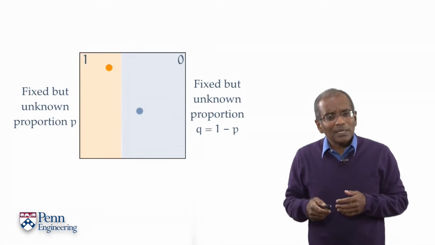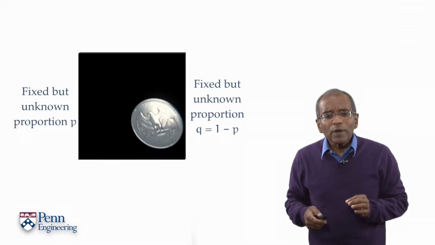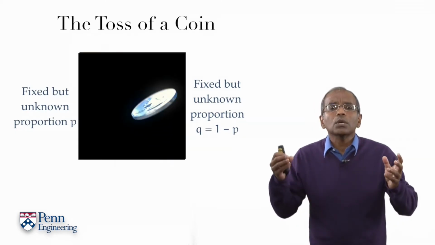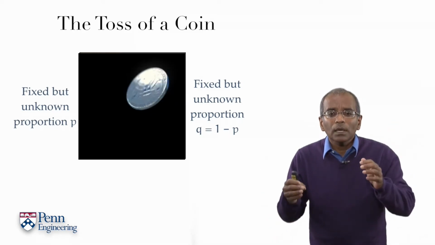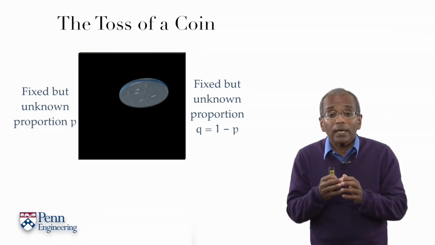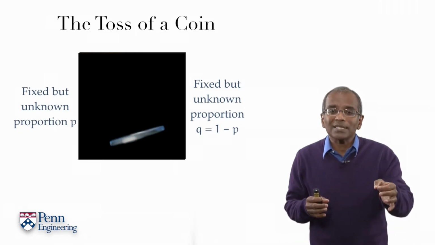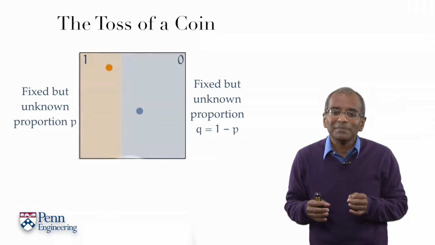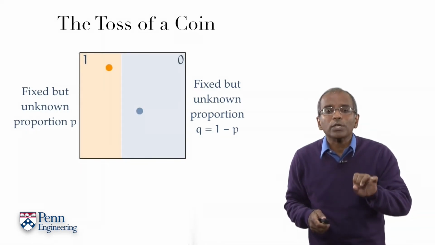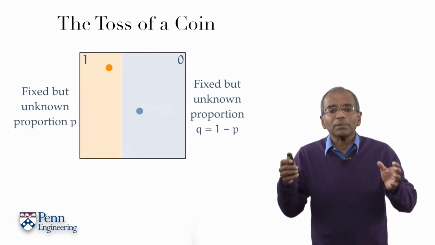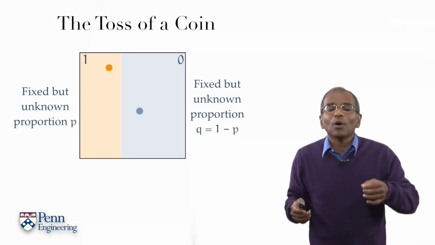In other words, picking a random element is equivalent to the toss of a metaphorical coin. Now, what's different here is we're tossing a coin. It has got a certain bias towards success, p, but we do not a priori know what p is. Our estimation problem is, given the coin, to determine what p is.